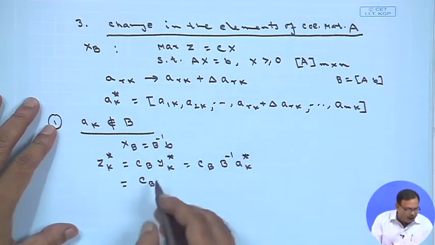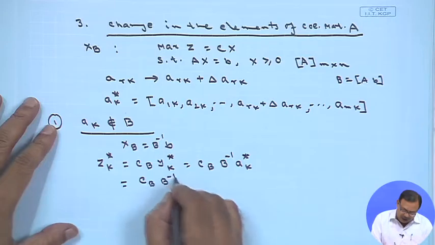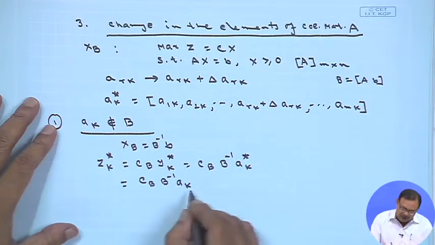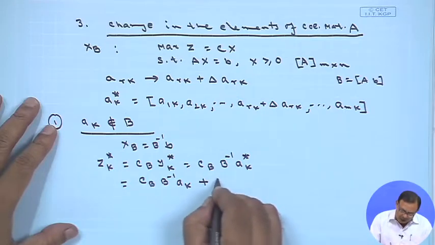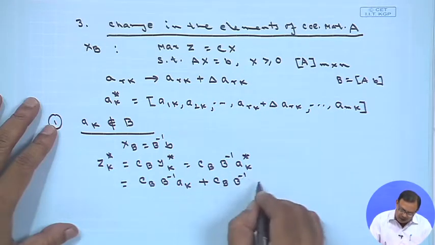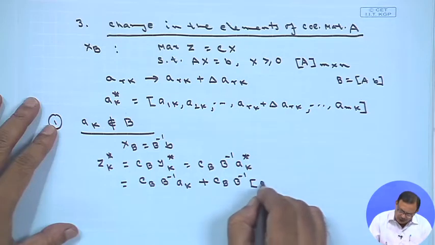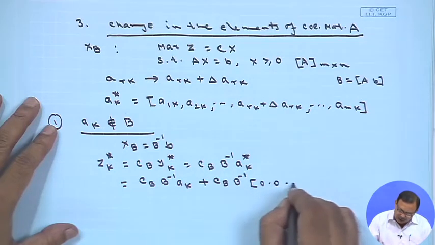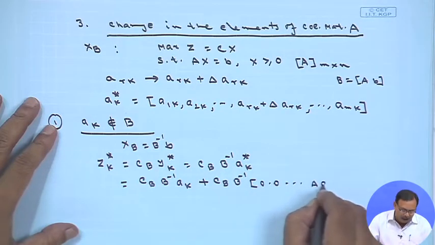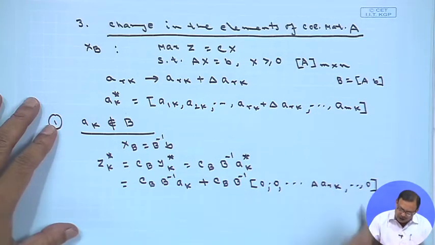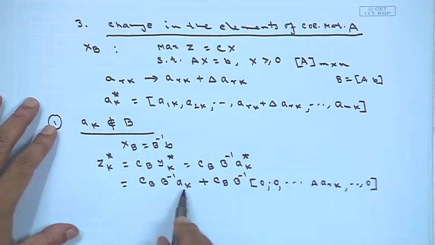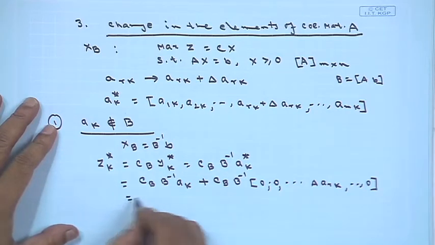So, using the earlier deduction, I can write it as C B B inverse A k plus C B B inverse into the vector 0, 0, and so on, delta a r k, and so on, 0. And C B B inverse A k is nothing but the kth value of z.